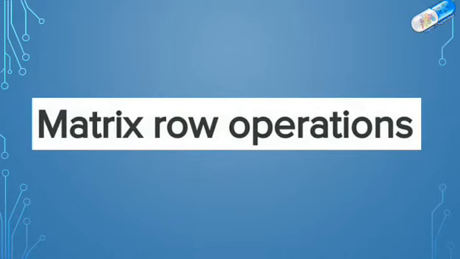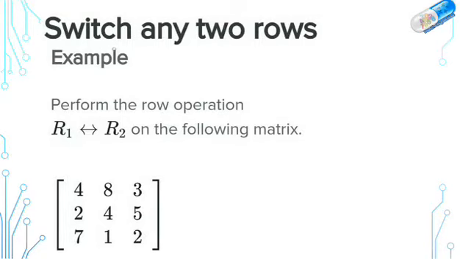Now, matrix operations. We have 3 operations for the matrices. The first one is called switch any 2 rows. An example: perform the row operation R1 switch to R2 on the following matrix. So first you have to know what is R1 and what is R2. R means the row.